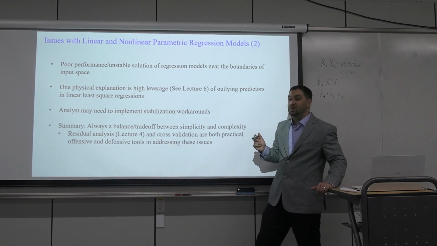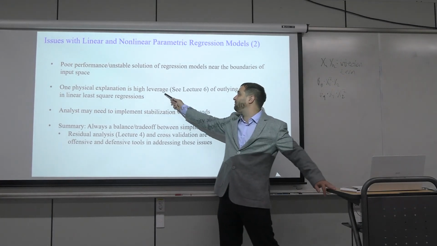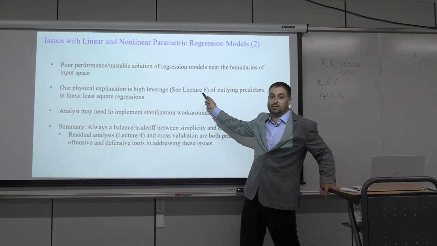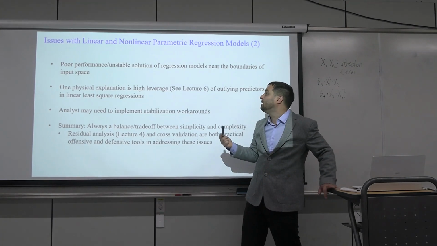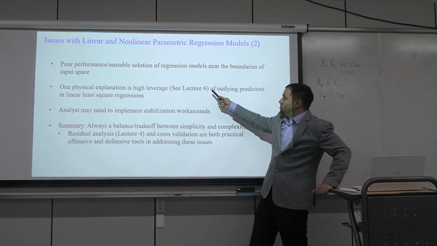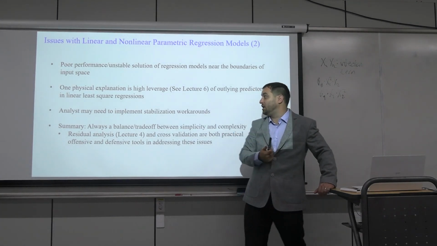One physical explanation for this instability near the boundaries is what's called high leverage. In lecture 6, we're going to discuss leverage in least squares regression, the high leverage of outlying predictors in linear least squares regression.